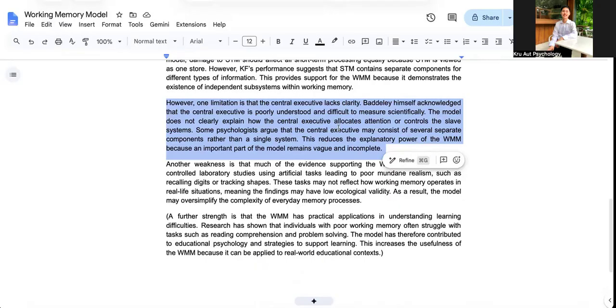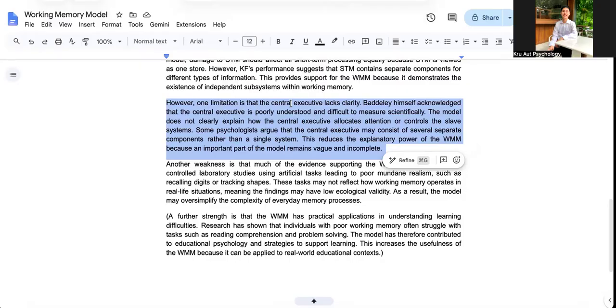Okay, so this is one of the difficult versions of writing a PO structure because most of the time we have evidence or most of the time we have an example, but for some weaknesses or for some strengths, though usually it's weaknesses rather than strengths, you have example and explain together at the same time.